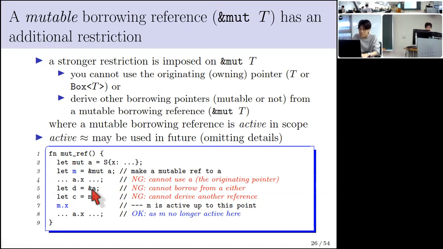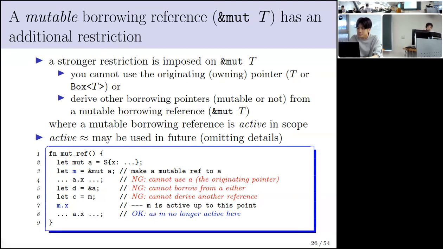Also, you cannot derive another borrowing pointer from the originating or owning pointer, just like this. Or this. Those things are all errors.